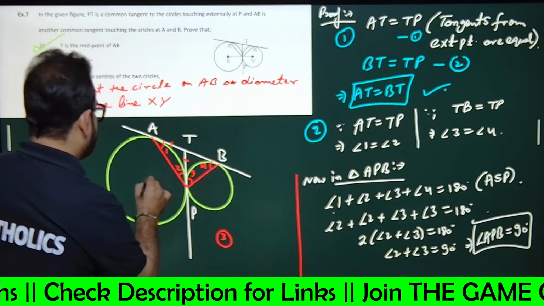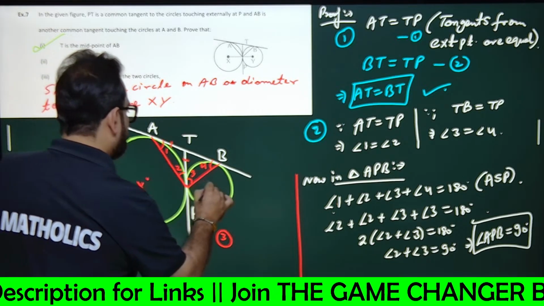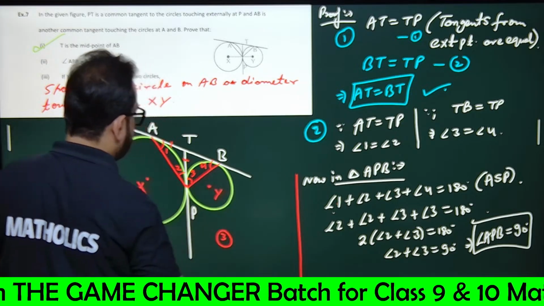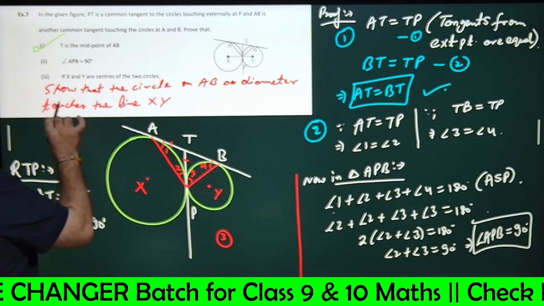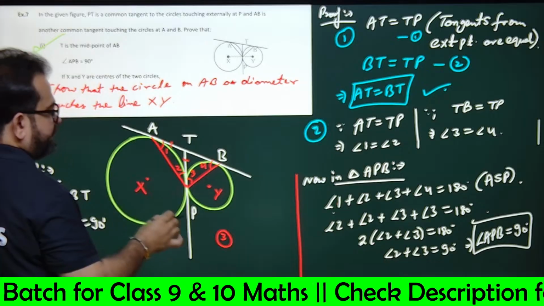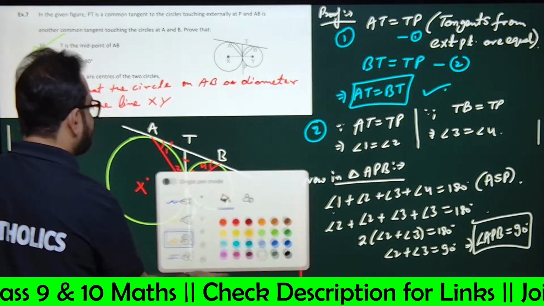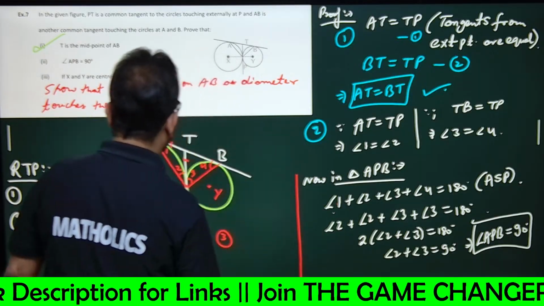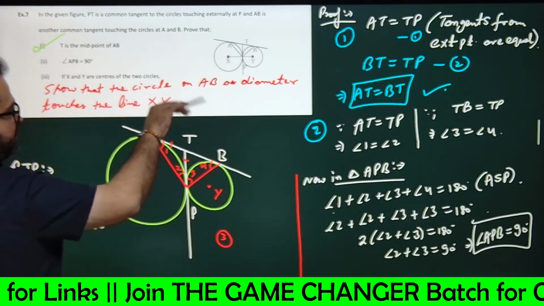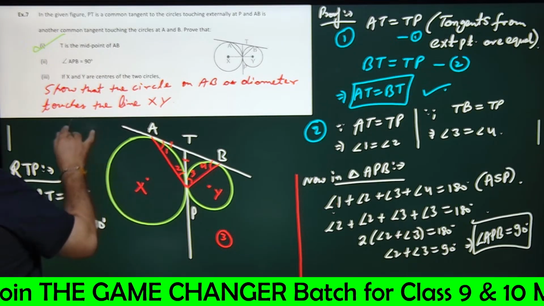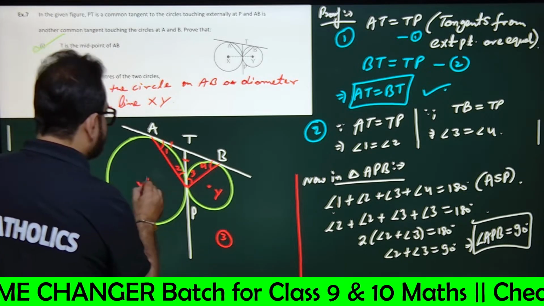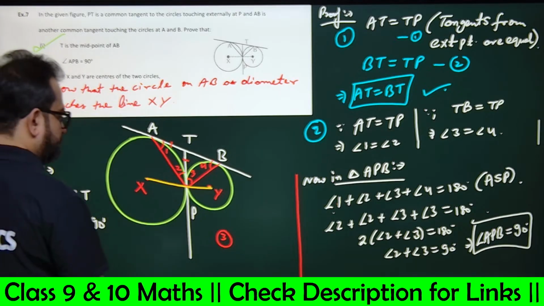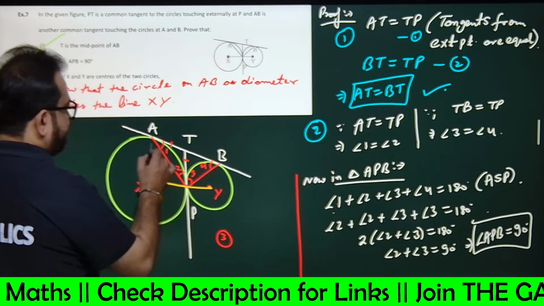Let's say this is X and this point is Y. It's saying that show that the circle on AB as diameter, if a circle is drawn on AB as diameter, it touches the line XY. If XY is connected like this, they say the circle will touch XY.